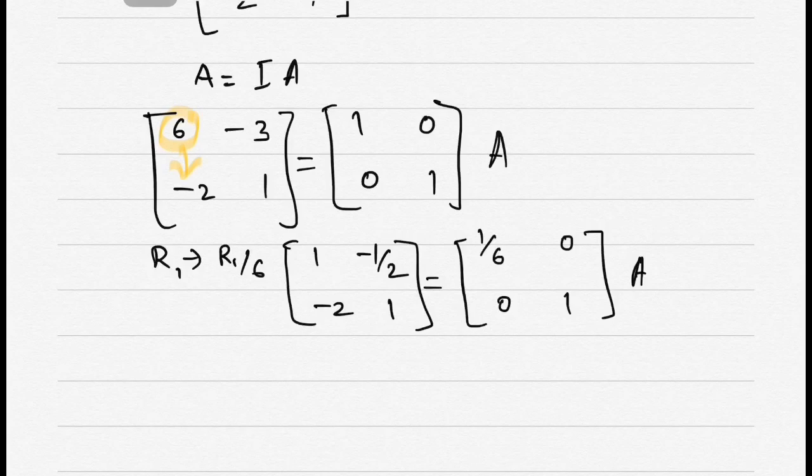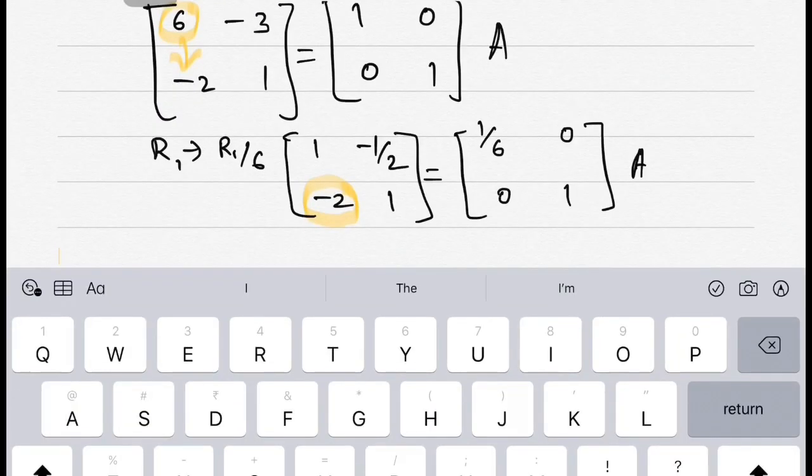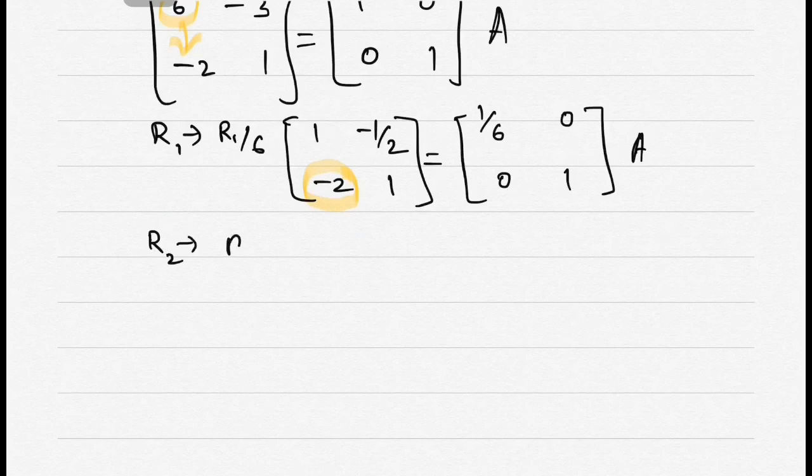Now the next step will be to make all the elements below the leading diagonal 0. That is, our next step will be to make this 0. To make this 0, let us change R2 to R2 plus 2 R1.